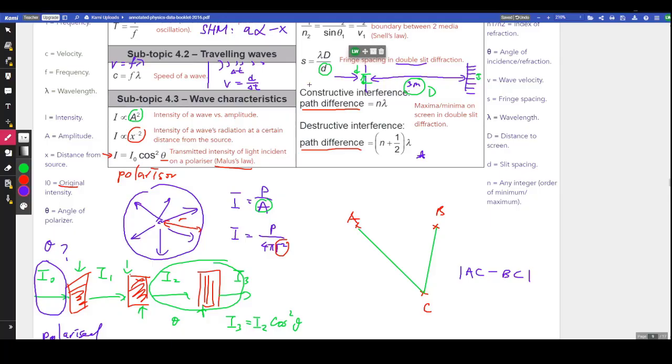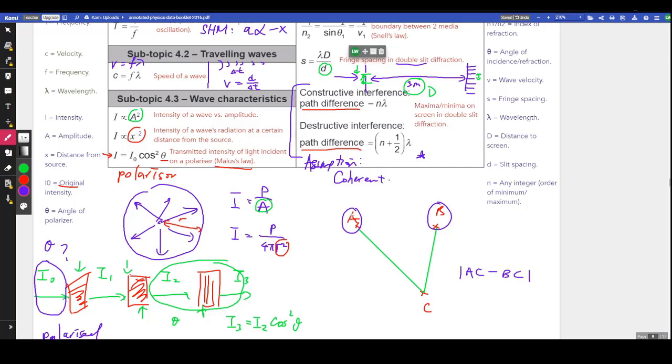In fact, when you try to use this pair of equations, there is an assumption here also. Although from what I see in IB, usually it is okay, that means you don't have to worry about this. But just to understand better, the two sources, for example A and B here, have to be coherent.